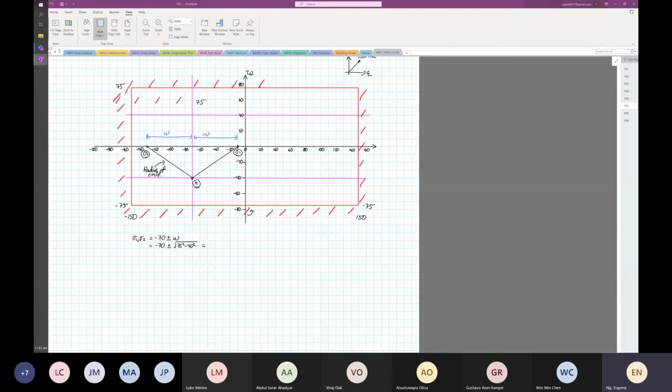So this is equal to minus 70 plus or minus 63.44. One of the stress average points is equal to minus 70 plus 63.44, which is minus 6.56. And the other one is minus 70 minus 63.44, which is minus 133.44.